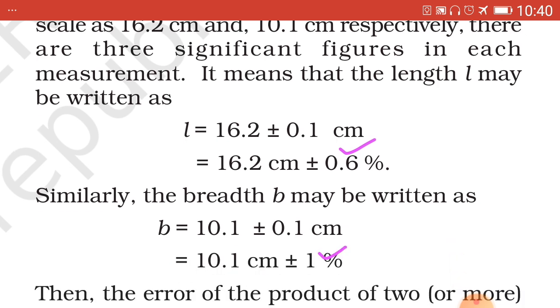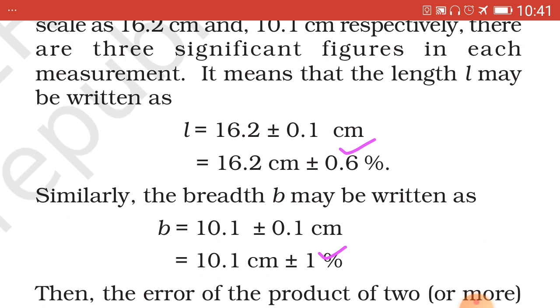If you take 0.1, which is the absolute error in the data, divided by 16.2, which is the original value, the simplified answer which you will get will be equal to 0.6 on rounding up the digits.